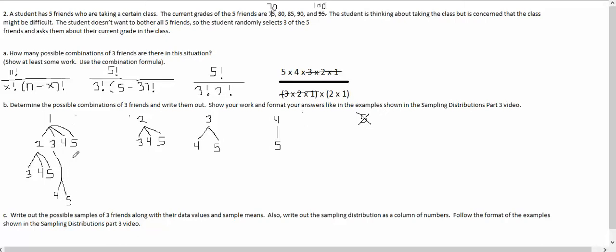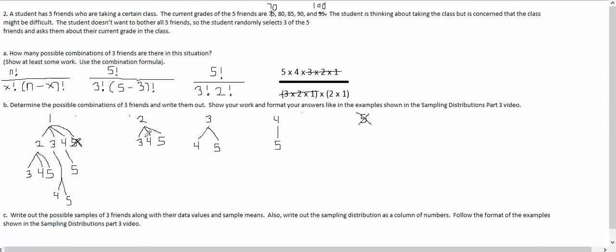And then after 4, we have just 5. And then we don't have anything after 5, so we actually just stop right there. And actually, this isn't going to be one of the possible combinations of 3 because it's a dead end.